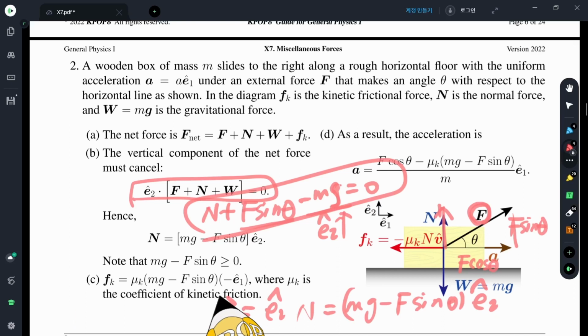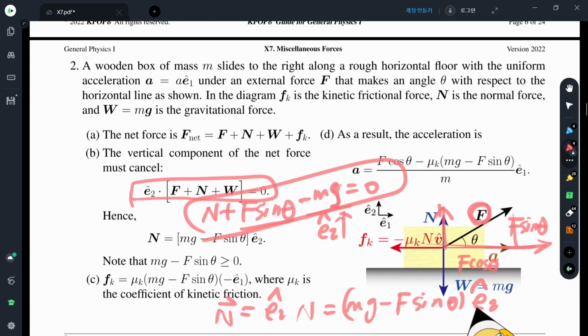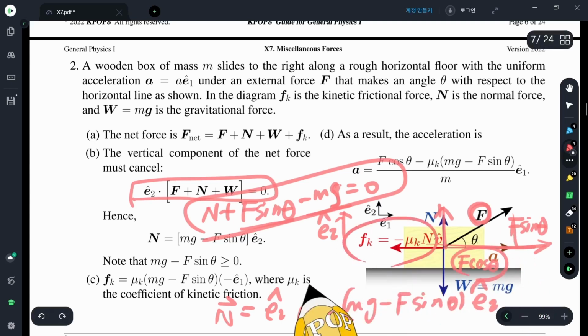And then the net force is only along the parallel direction, parallel to the acceleration. So the acceleration is due to the net force of this and this.